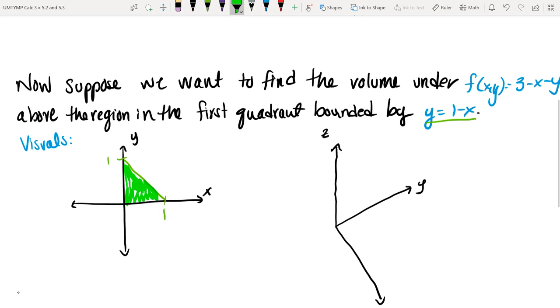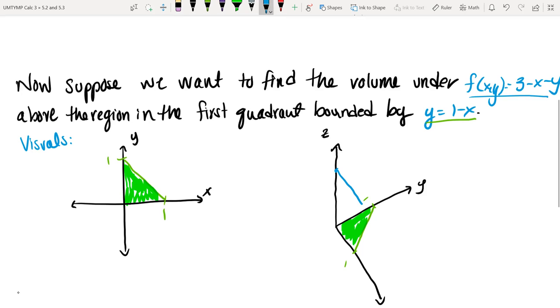Now if we put it in 3 dimensions, here's that region we're looking at, 1 and 1, and we're still restricted to this region. We're looking now at the volume under this particular function, which is a plane, x plus y plus z is equal to 3. Maybe this isn't to scale by any means, but we have something like this where we might have a line here, and something up here, and oops, I drew that incorrectly.